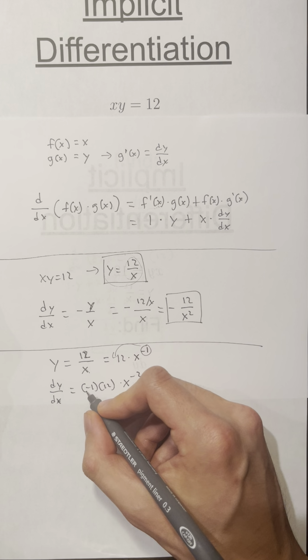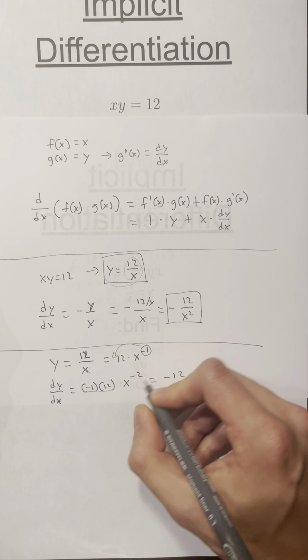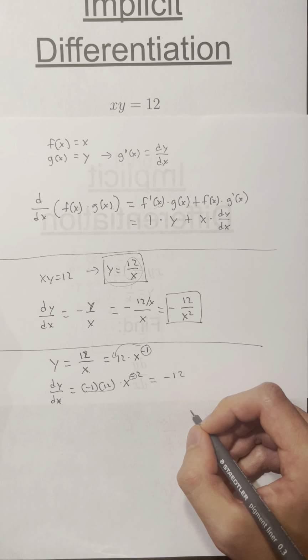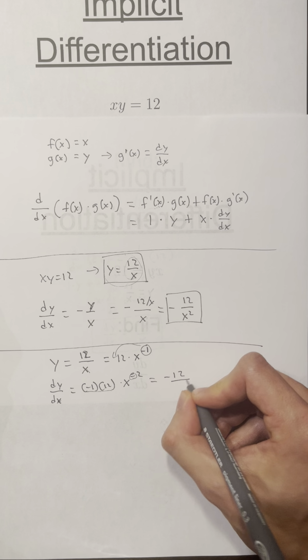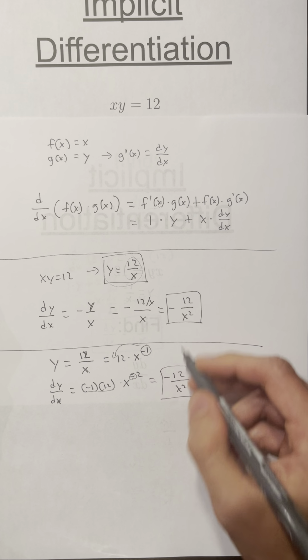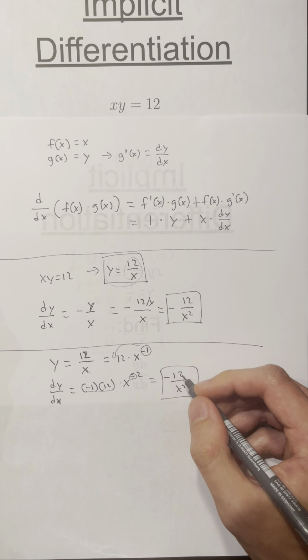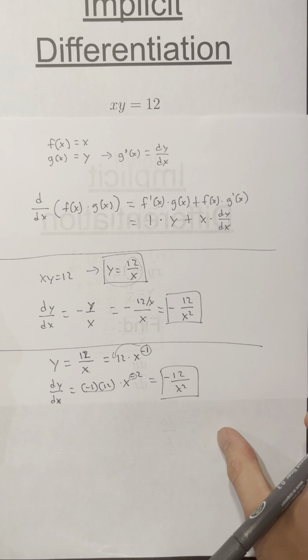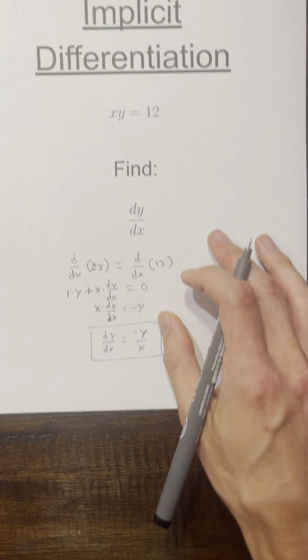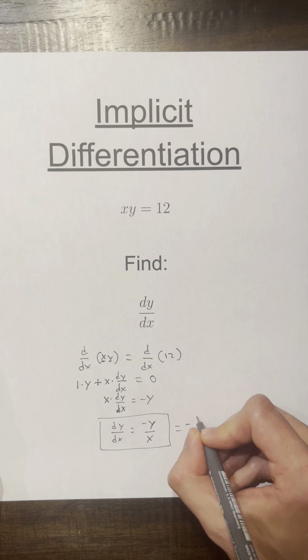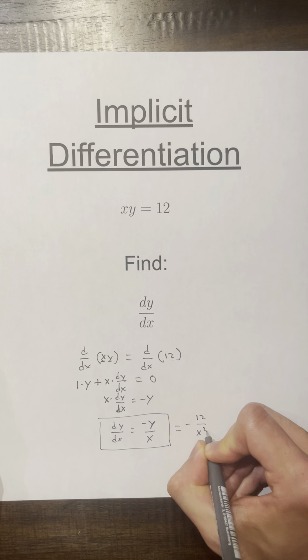Okay, so this is negative 12. And then if I want to get rid of the negative exponent here, what do I need to do? Divide by x squared. Okay, so yeah, we got the same answer. We double checked, and we also got negative 12 over x squared. Okay, I'm just going to write equals negative 12 over x squared here as well.